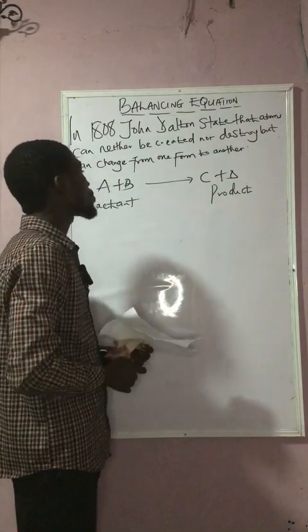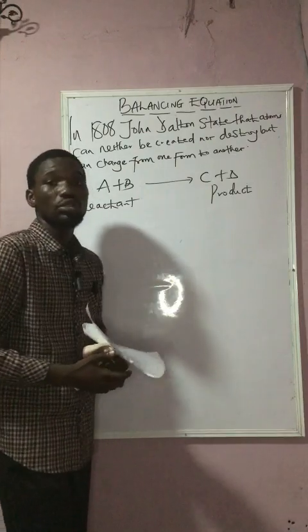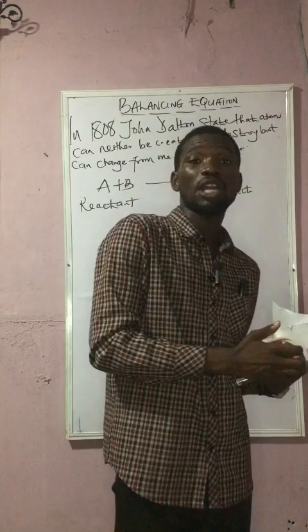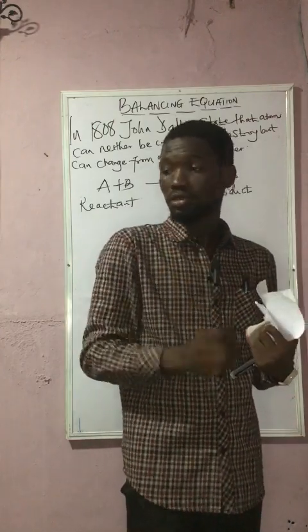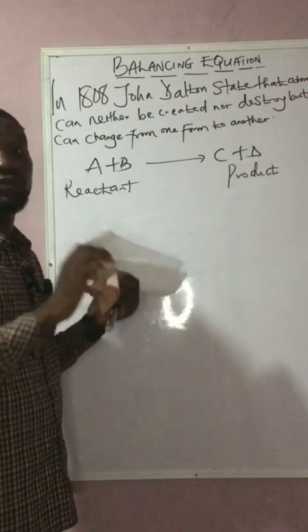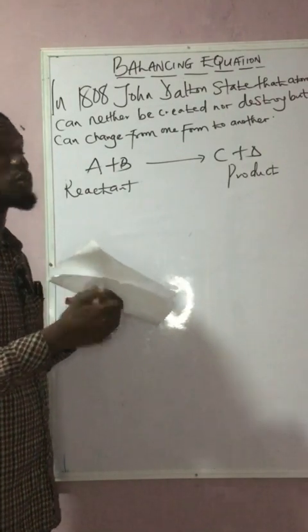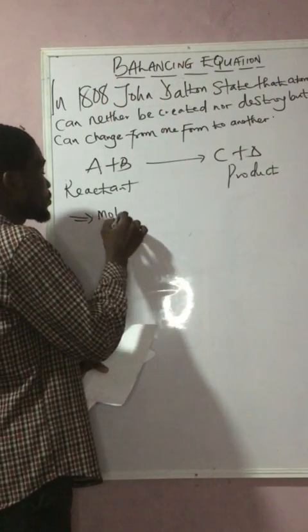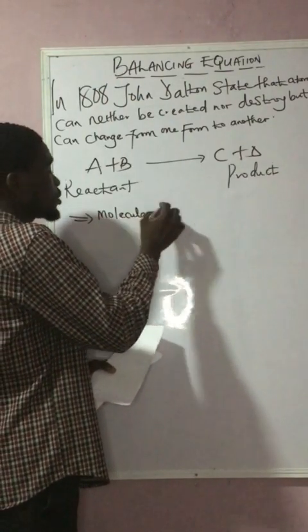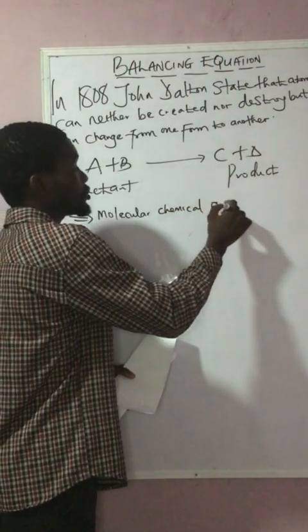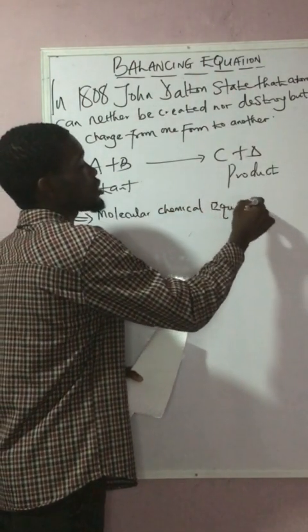So, I want to look at some rules that guide the balancing of chemical equations. But before we go deeply there, I want us to quickly look at other views of balancing of chemical equations. The first one is the molecular chemical equation, which we want to take a look at.